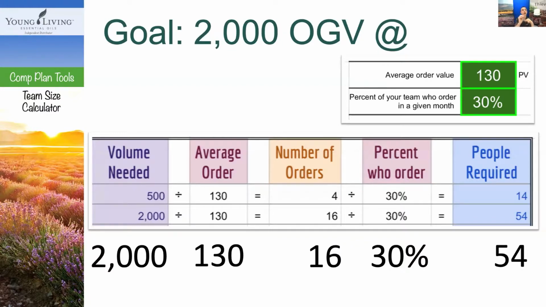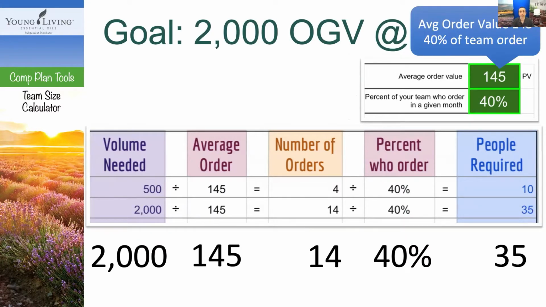So that is how you can read and interpret those values. The people required and the percentage who ordered give you a certain number of orders at a certain average size, which gives you a certain amount of volume. So in this example, to achieve that 2000 volume, I would need 54 people in my organization with an average order value of 130 PV, where 30% of them order in the given month.